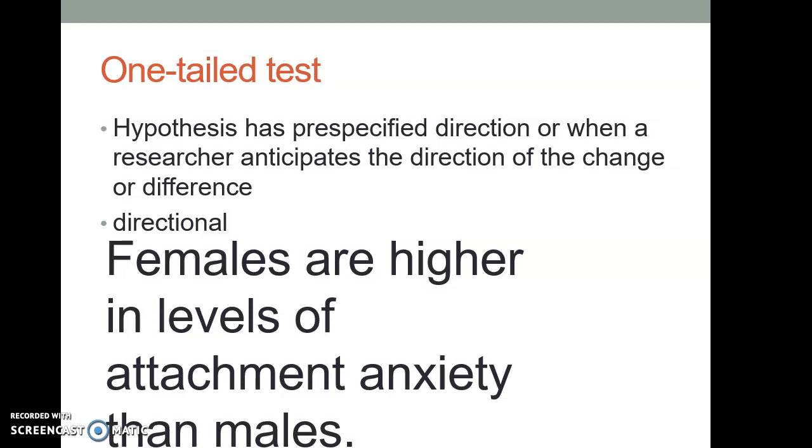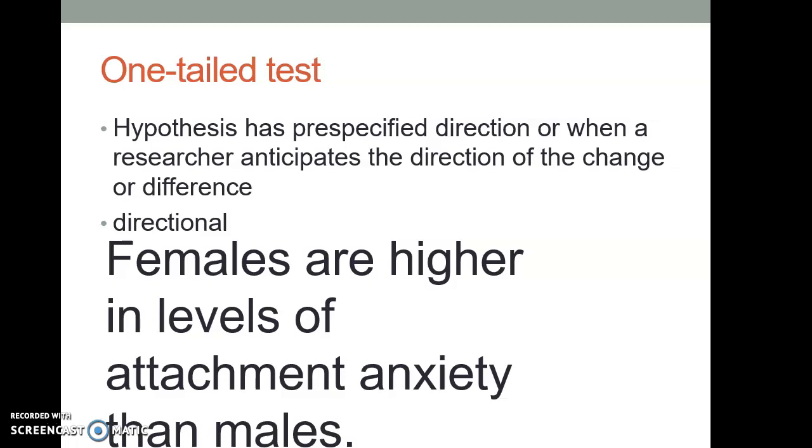deciding whether you use two-tailed or one-tailed tests in your hypothesis largely depends on your literature. So if the literature says that there is already a direction in terms of comparing the males and females in attachment anxiety, then you do the one-tailed test.